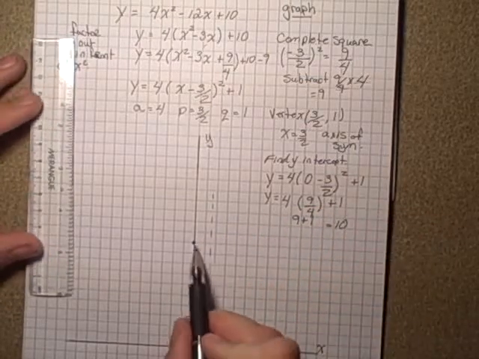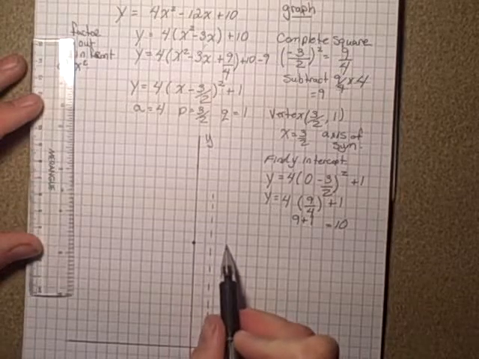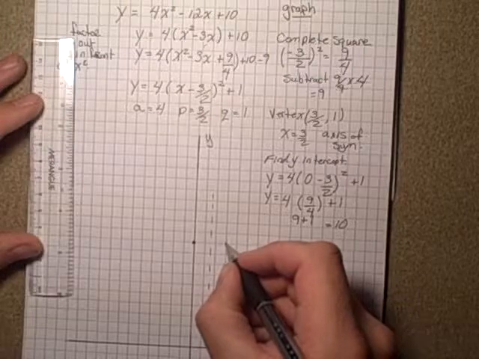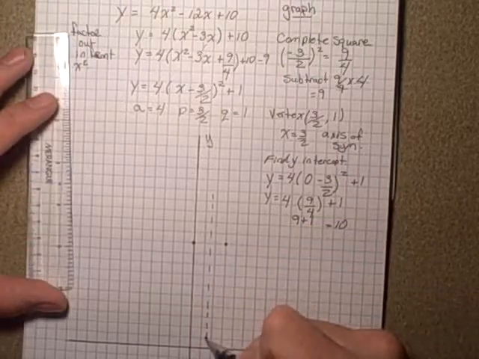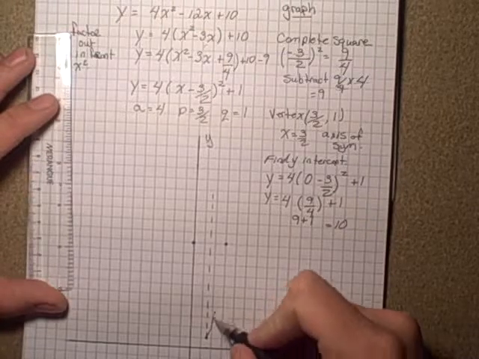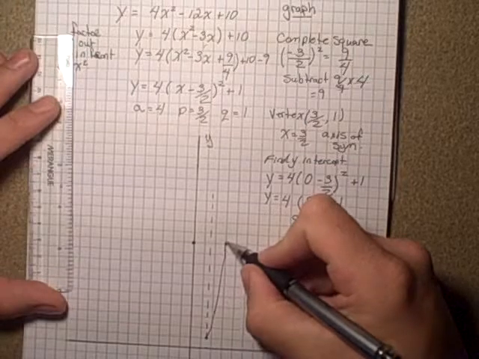Then we use the axis of symmetry and we move 1 and a half spaces to the other side. So the other point will be right there, and you can see it's a narrower than normal parabola because of the a value of 4. We can just draw our parabola opening upwards like this.